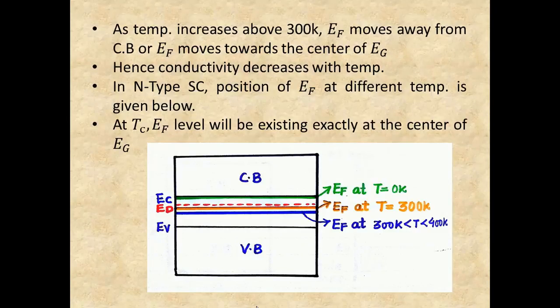In n-type semiconductor, whenever temperature goes above 300 Kelvin, your Fermi energy moves away from conduction band. You can say in either way, either it moves away from conduction band or it moves toward the center of energy gap. So when that happens, the conductivity decreases with temperature.